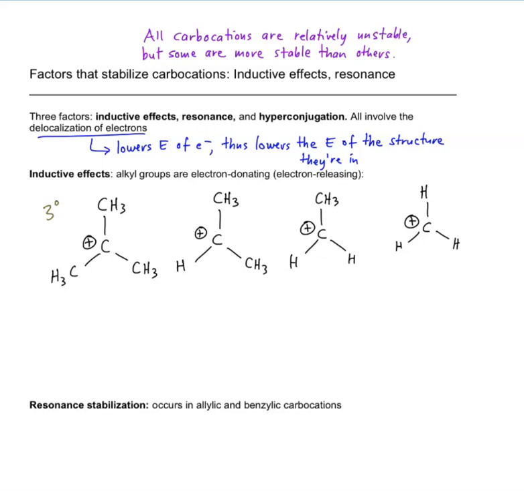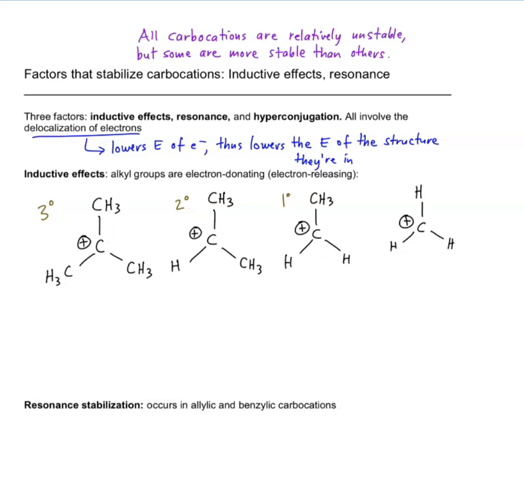That makes this a tertiary carbocation. In the next example, the carbon with the positive charge is attached to 2 carbons, so it's a secondary carbocation. The third example, the carbon with a positive charge is attached to 1 carbon atom, so it's a primary carbocation. And then this last carbocation, where the carbon is just attached to H's, we call that a methyl cation.